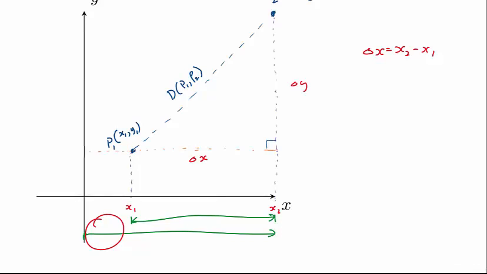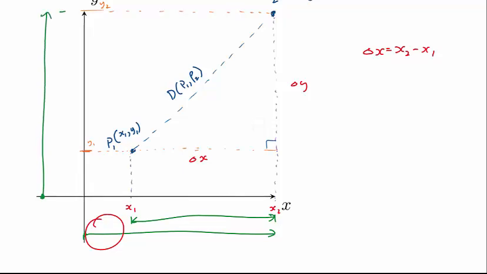Alright, so let's do the same thing for y. We've got our coordinate y1 right here. And then for y2, let's look at it on the axis. This will be our y2. So once again, the way we figure this out is, the length from the origin here all the way up to y2.